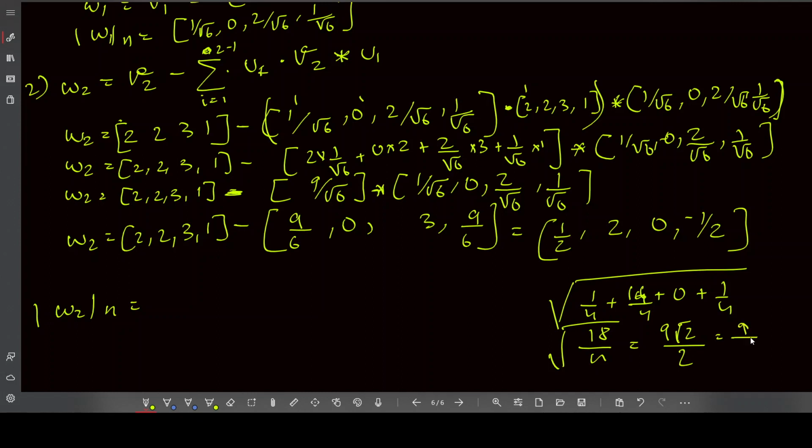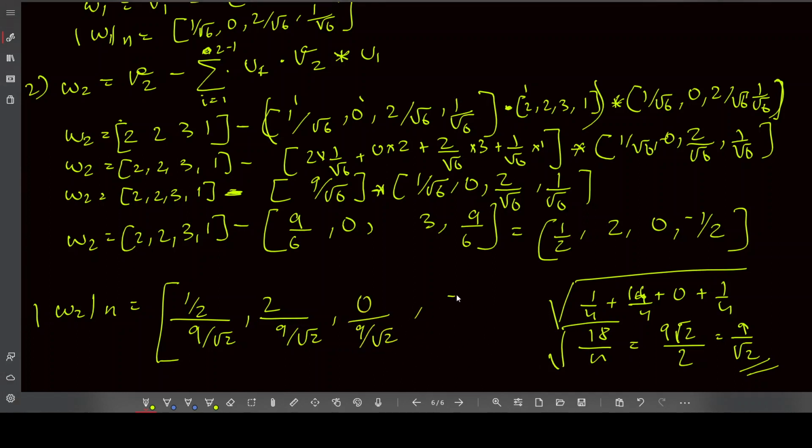This is basically 9 by under root 2. Okay, so now when I have that, I'll basically divide half by 9 upon under root 2, comma 2 upon 9 upon under root 2, comma 0 by 9 upon under root 2, comma minus half upon 9 by under root 2.